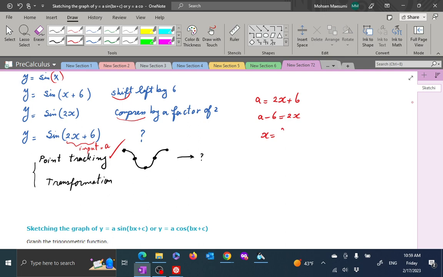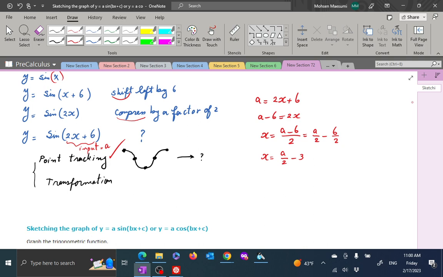So x is (A minus 6) over 2. Or you can think about it as A over 2 minus 6 over 2. Or you can rewrite it to make it easier for us to talk: A over 2 minus 3. Whatever the angle is, that famous angle gets divided by 2, and then we subtract 3 from it.